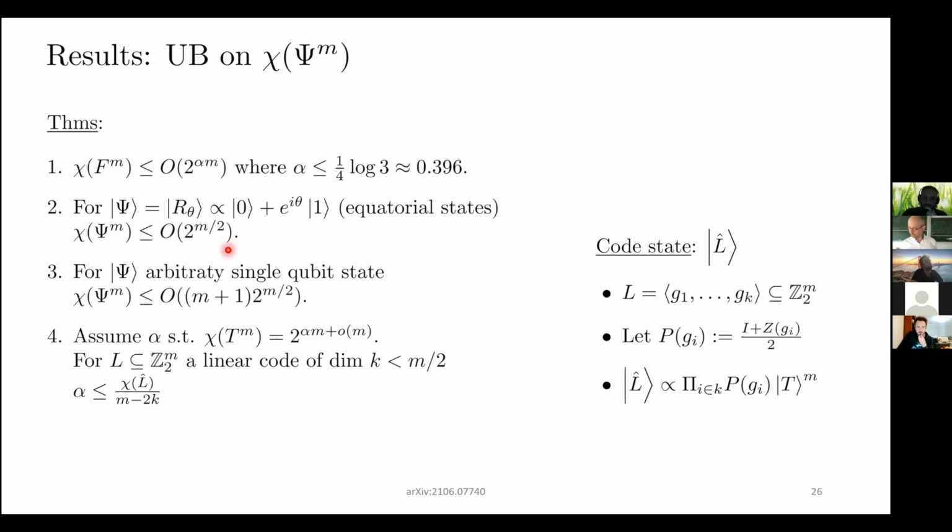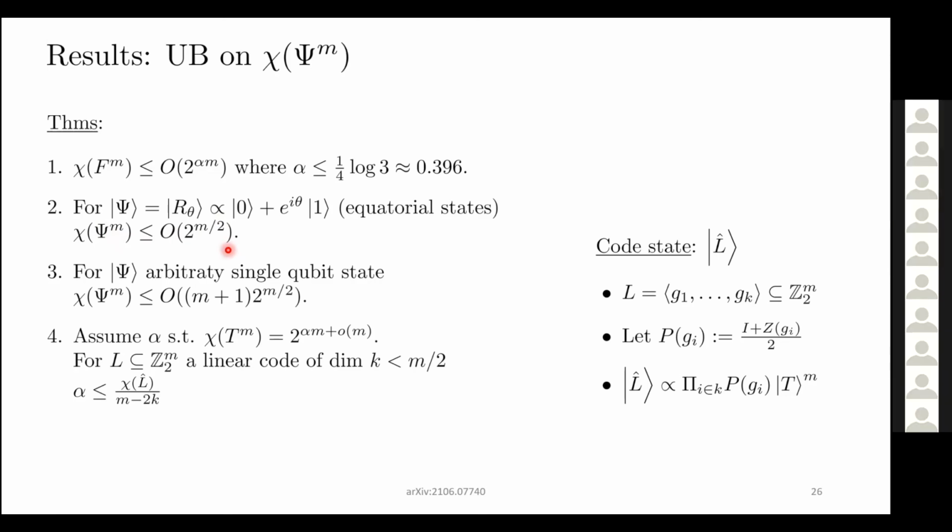So I see. So alpha equals 0.5 for theorem 2. But theorem 1 is smaller, right? So the T state lies somewhere in that theta, but it's very special. It's got a special structure. I see.